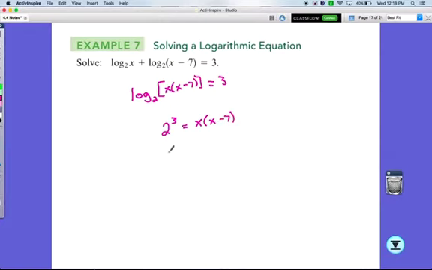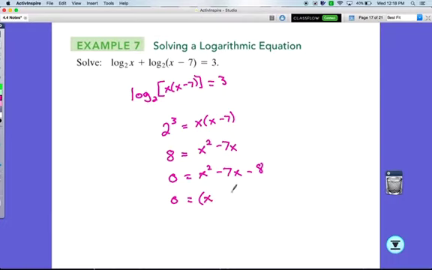All right, 2 to the third is 8. I'll go ahead and distribute here to get x squared minus 7x. Since it's now quadratic, I can move the 8 over and get 0 is equal to x squared minus 7x minus 8. And then I factor.